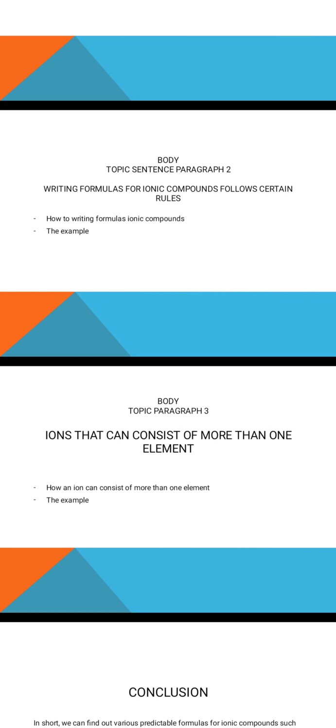Therefore, the ions are Ba2+ and S2-. Since the charges are equal but opposite, a 1-to-1 ratio will give a neutral formula unit. Therefore, the formula is BaS. Notice that we have not included the charge on the ions in the finished formula.